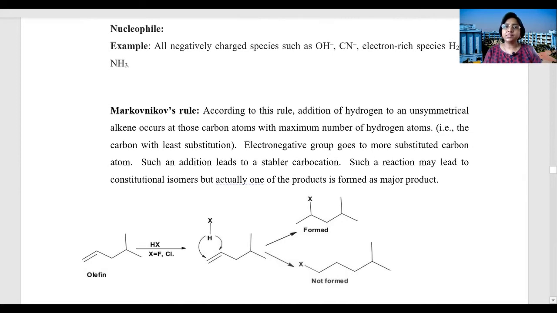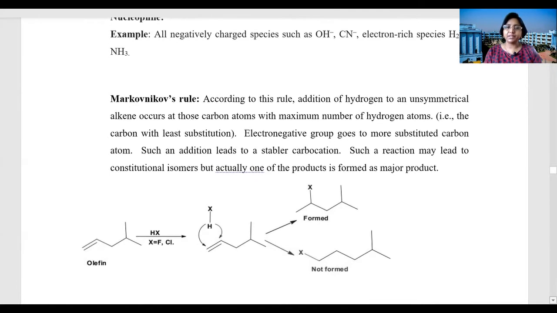This question comes up if the alkene is asymmetric, that means it is not symmetrical. In HBr there are two parts: one is H+, another is X- or Br-.